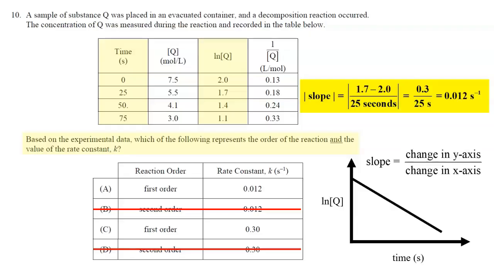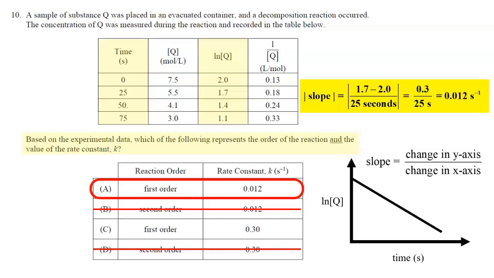So it's going to be 0.3 divided by 25 seconds. We're doing rise over run to figure out the slope of that linear relationship. So 0.3 divided by 25 seconds gives us a value of 0.012 inverse seconds. So the correct answer is A. The absolute value of the slope is not 0.3, it's 0.3 divided by 25 seconds, which is 0.012 inverse seconds.